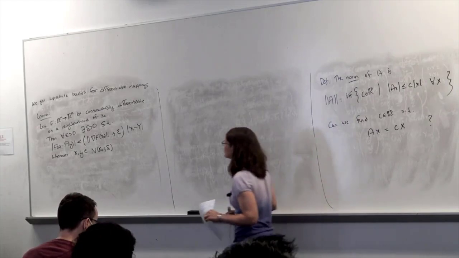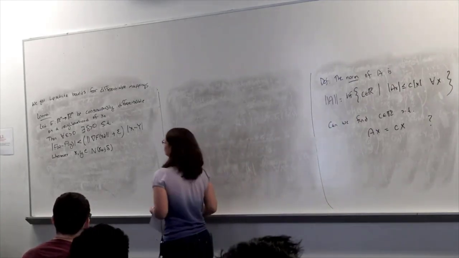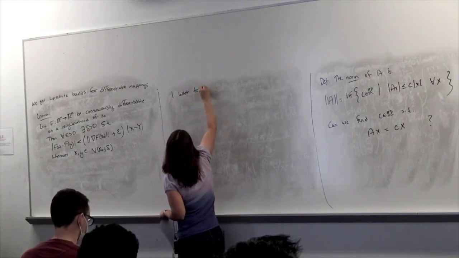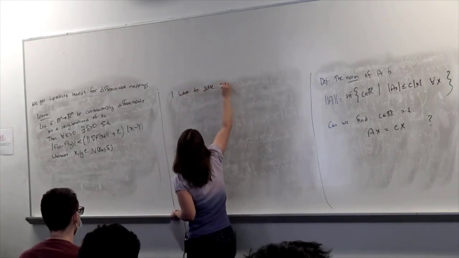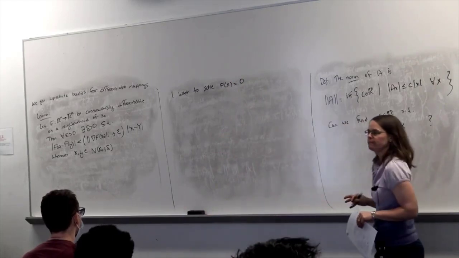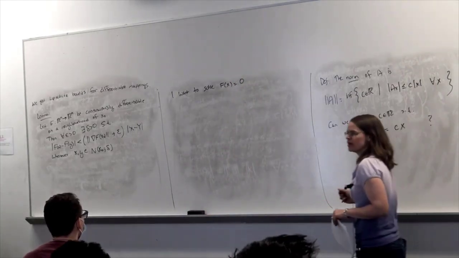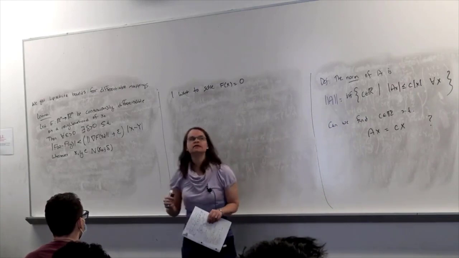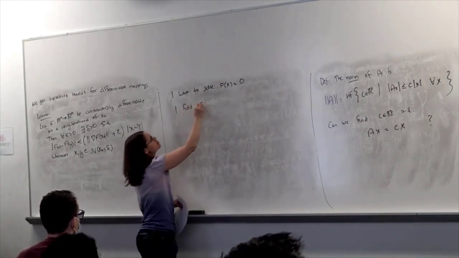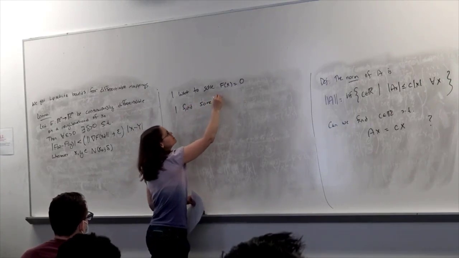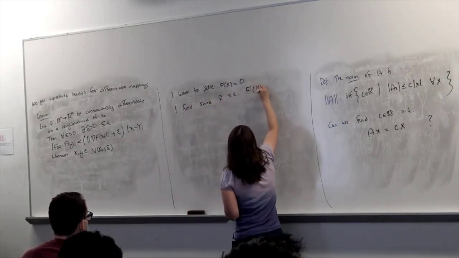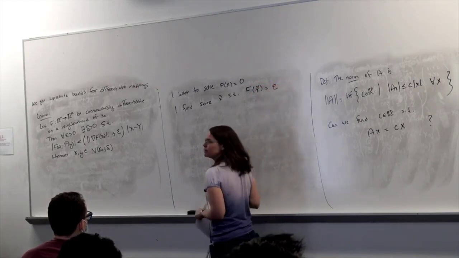But it could be really useful to go the other way. Say I want to solve f of x equals 0. Let's say I do some numerical simulation, and I find some x tilde such that f of x tilde is equal to some small number.